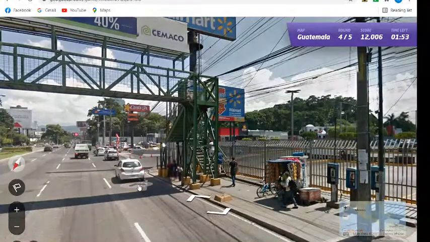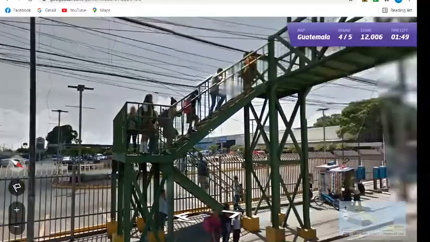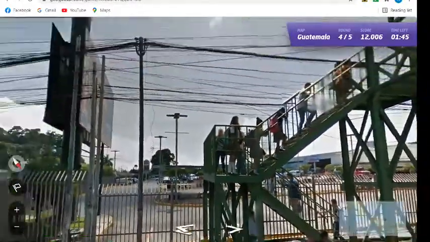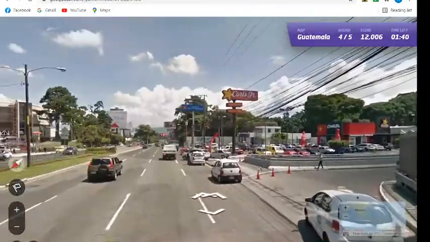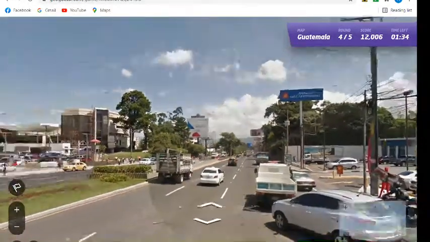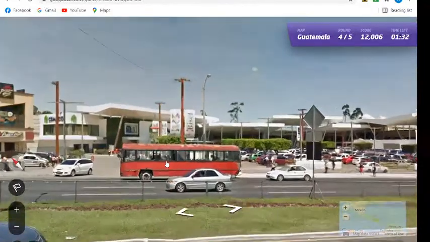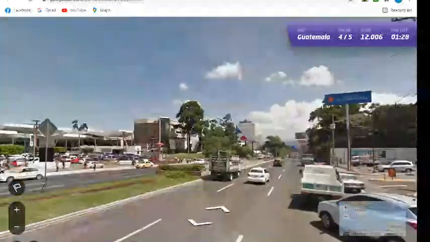Unlike in the United States and Canada, Walmarts tend to be in larger urban areas in Guatemala and Mexico. Oh, and so there's the actual Walmart over there. There's a Carl's Jr. It's not a Hardee's. I guess that they follow the California version. Okay, so I think this.